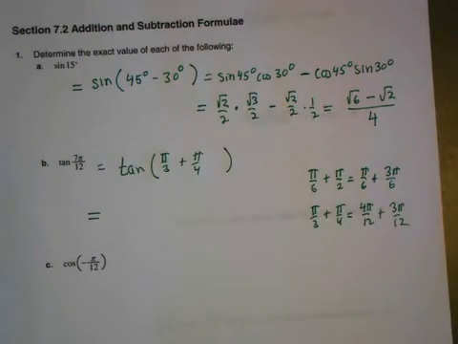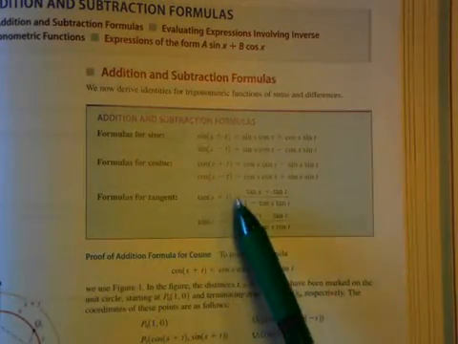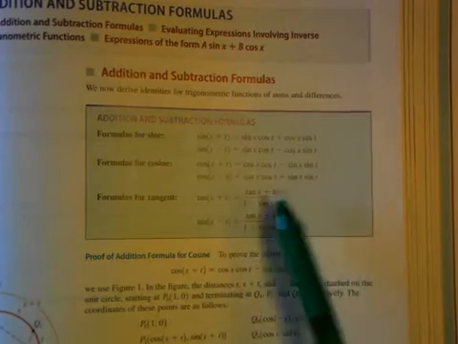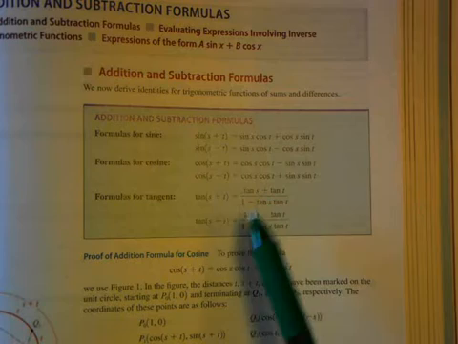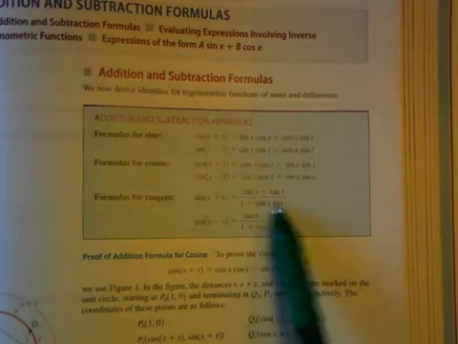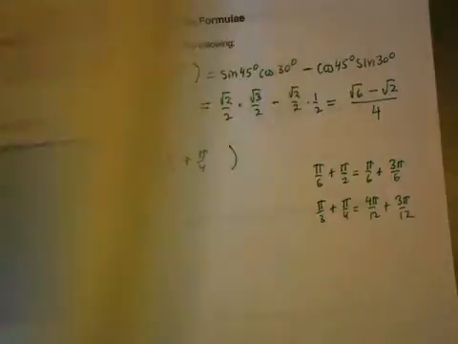All right, so once again, I go to my formula chart here. Tangent of add two things together. I do the tangents of each one and I add them up. And then 1 minus multiply the two tangent things together. All right, so I'll write all that down.